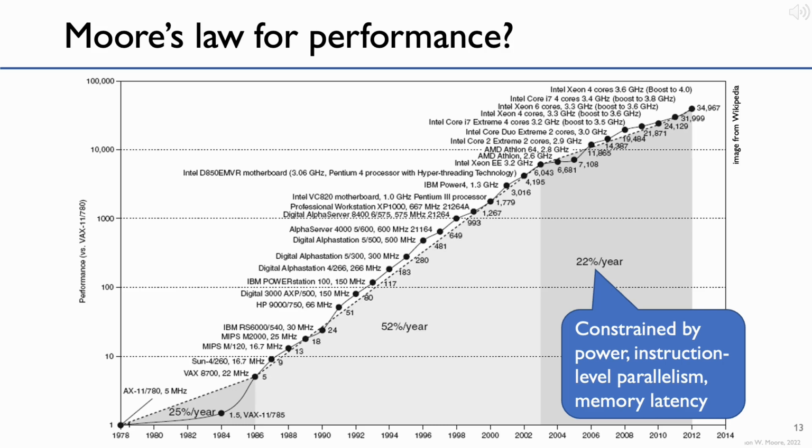We got more transistors to play with, so computer architects were trying to use those transistors to extract more parallelism to try and keep the performance up. But the actual clock frequencies were starting to plateau. And these days we really don't see much that runs beyond 4 gigahertz, and we're going to look in a minute at why that is.